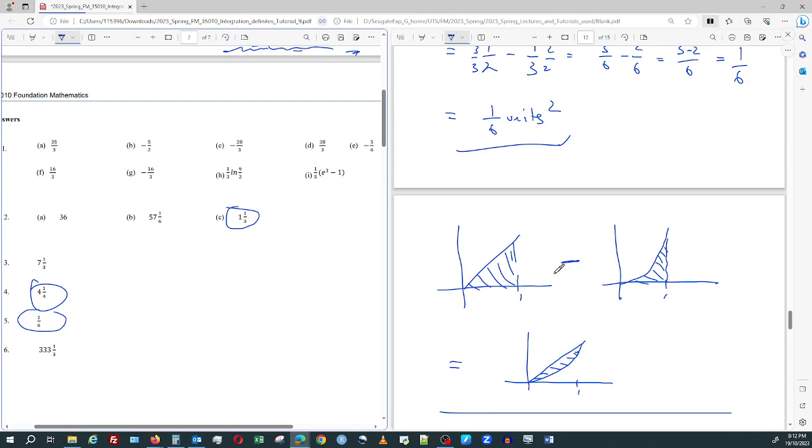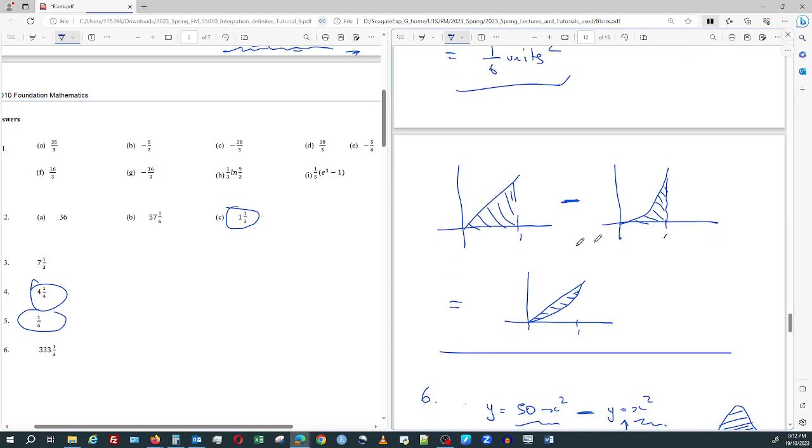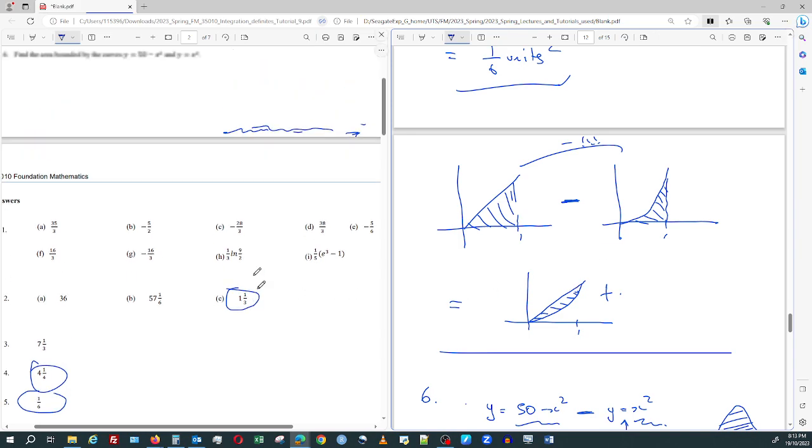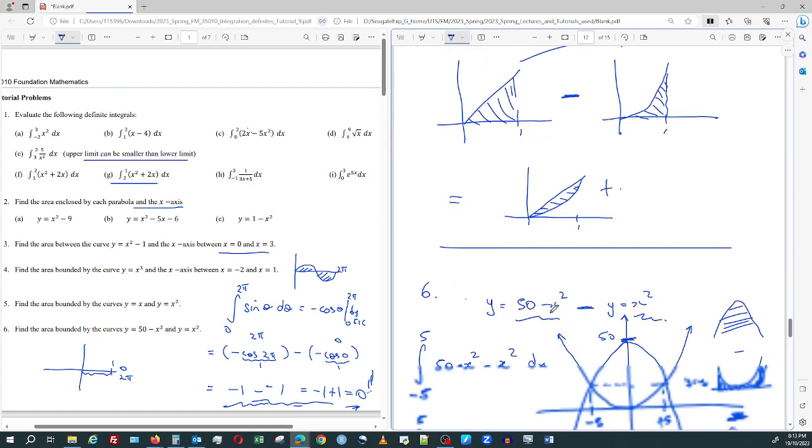So there's our fundamental idea: the larger of the two areas, subtract the smaller of the two areas, and the result will be a positive. If you do it the wrong way round, you'll get a negative. It'll still be the same number, but it'll be a negative. So just be careful.